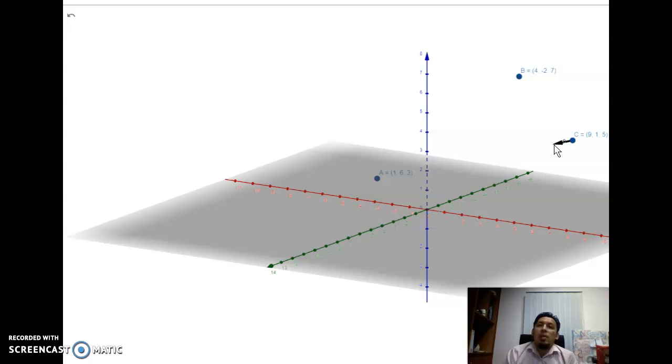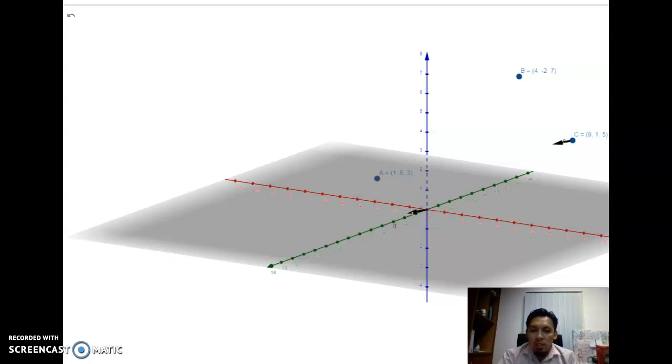However, we can standardize all of them to have the same magnitude by calculating the unit vector. So all of them will have the same length, 1. That is the use of a unit vector.